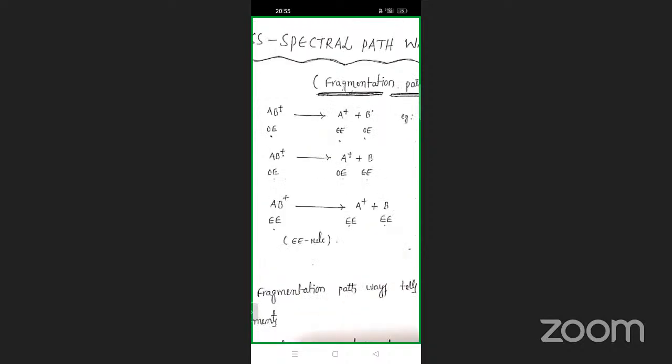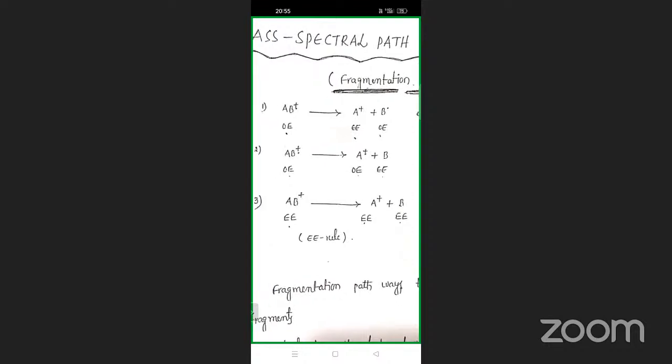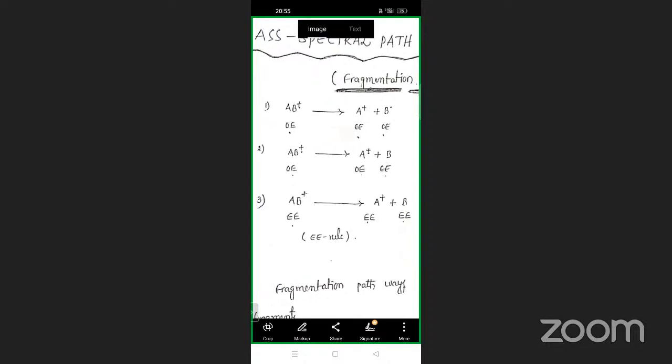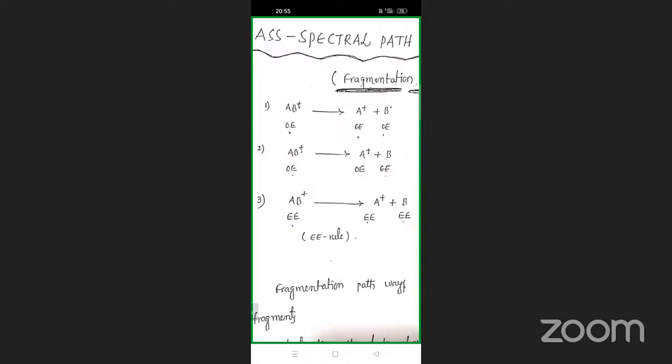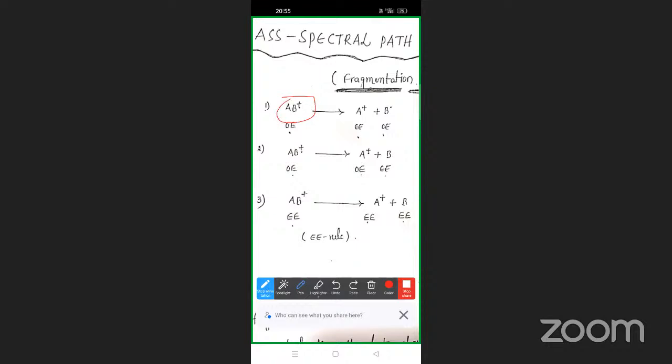After fragmentation, there is a molecular ion AB plus here. So this is your molecular ion, and it undergoes fragmentation, giving even-electron fragments and odd-electron fragments.